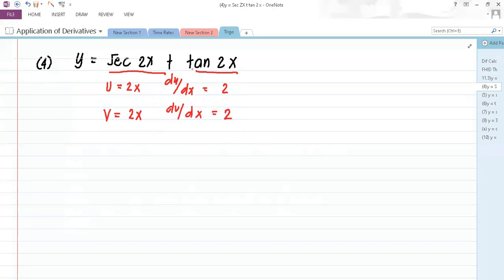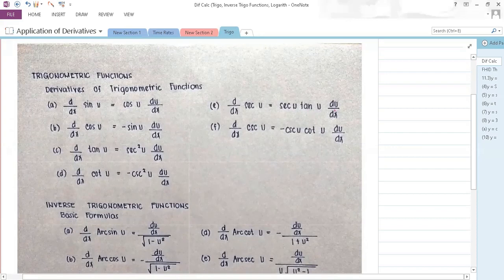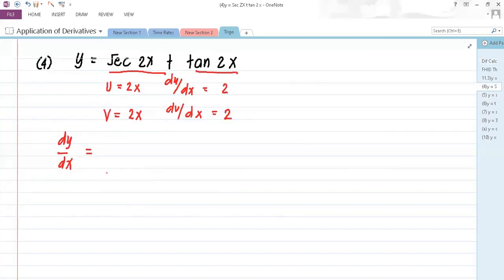Okay, so we can apply now the dy with respect to dx is equal to the derivative of secant. Okay, so the derivative of secant is equal to secant multiplied by tangent multiplied by du over dx. Yung isa tangent. So the derivative of tangent is secant squared u. Okay, so lagay lang natin siya.